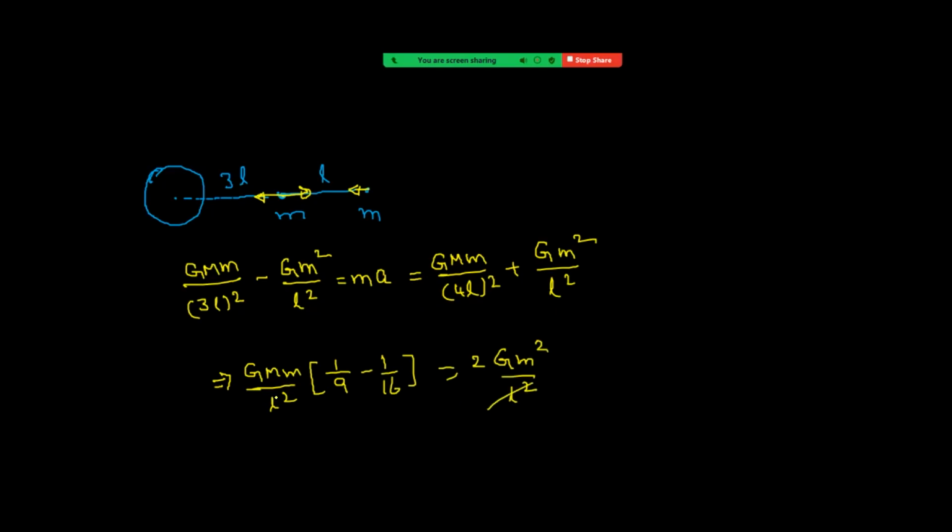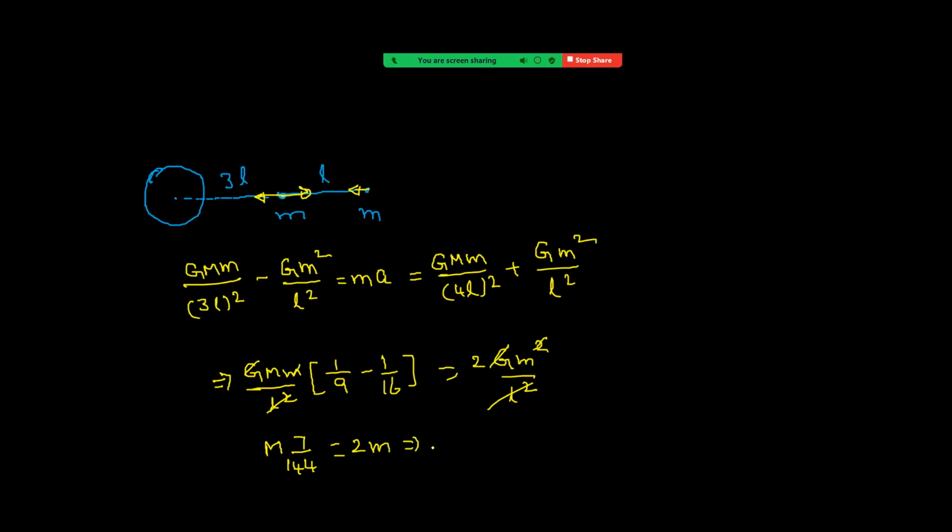So L square gets cancelled, G small m gets cancelled. Remaining is capital M times (16 minus 9), that is 7, by 9 into 16. 9 into 16 is how much? 144, right? That is equal to m.